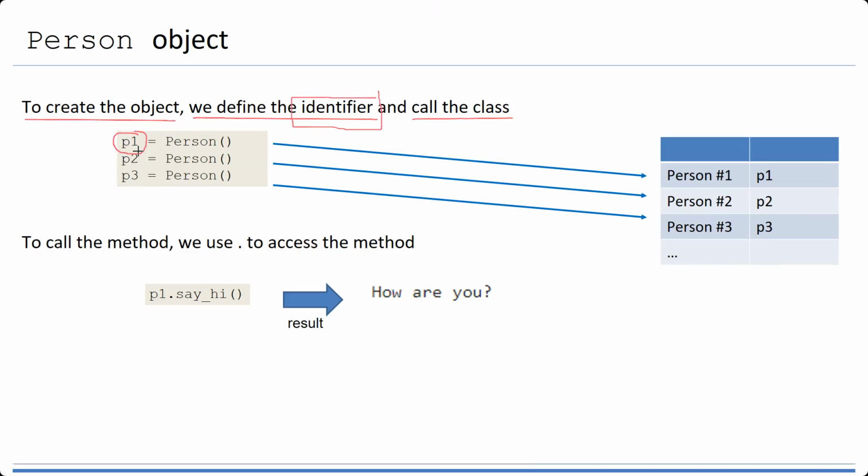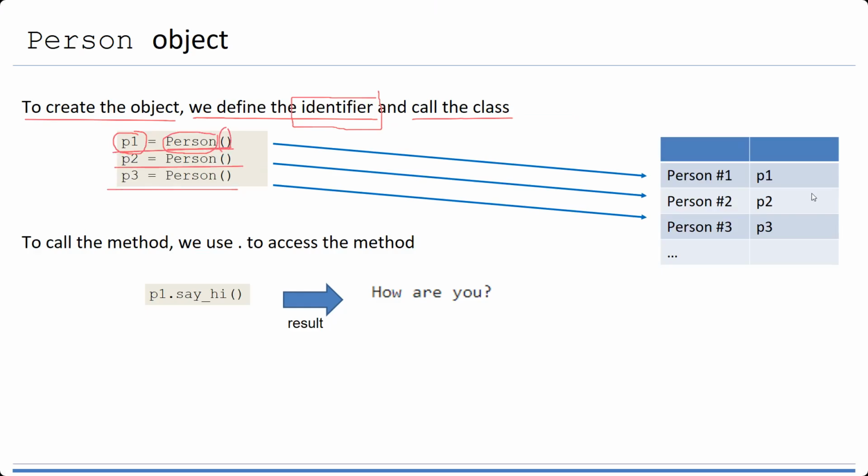For example, I have P1, the person number 1. And I call the class, which is Person. At this moment, I don't have any argument, so I just put the parentheses. This P1 indicates the object number 1 of a person. P2, the object number 2 of a person. P3 is the object number 3 of a person.